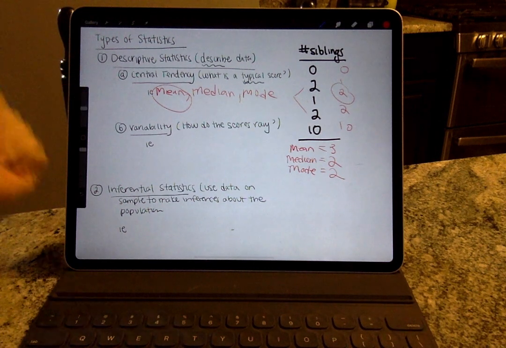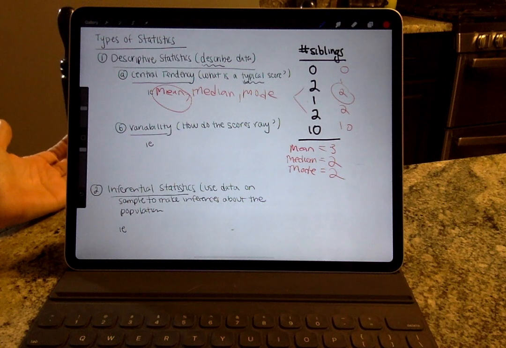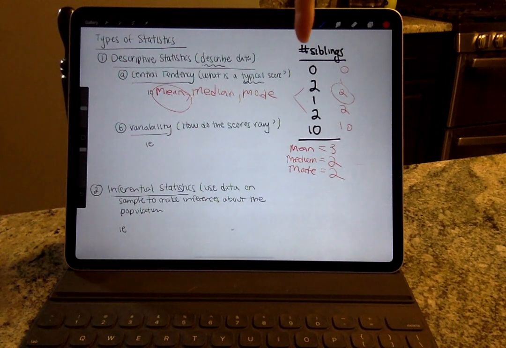The second measure of descriptive statistics is something called variability. And variability answers the question, how do the scores vary? So let's go over here again and look at this data. Our lowest score is 0 and our highest score is 10. So we have a range of 10. So basically that's how the scores vary in this data set.